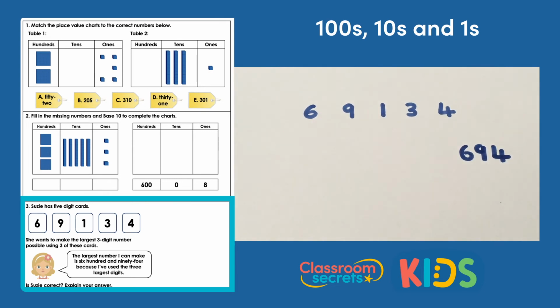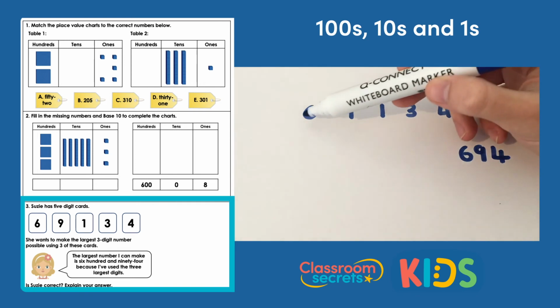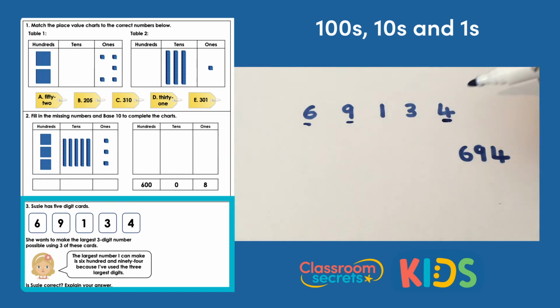So, let's have a look at our digit cards. 6, 9, 1, 3 and 4. And we need to make a 3-digit number. So we are going to need the largest numbers on there. We need to pick our 3 largest digit cards. So our 3 largest are our 6, our 9 and our 4.